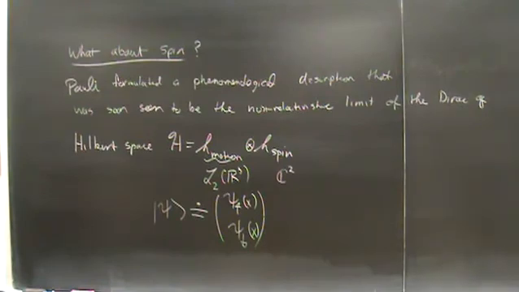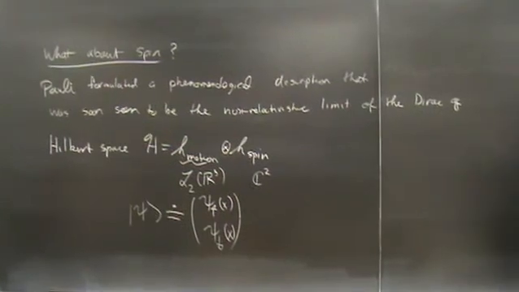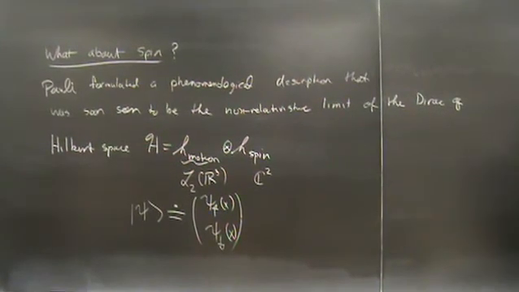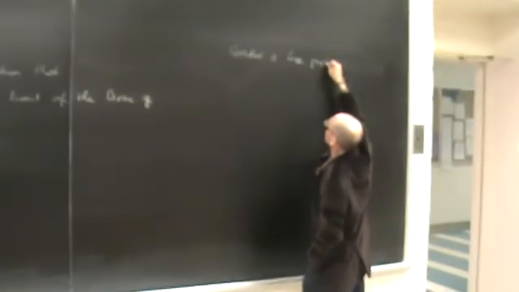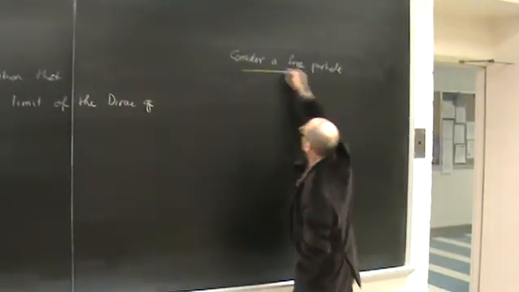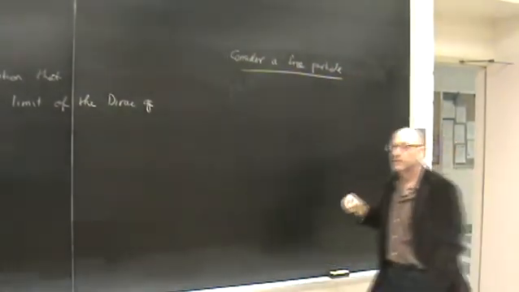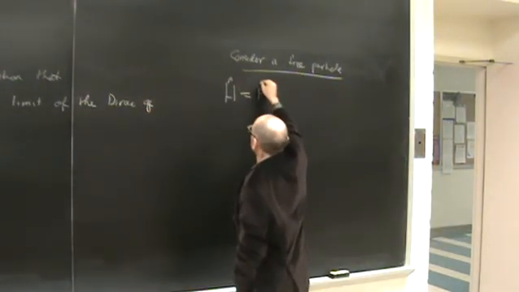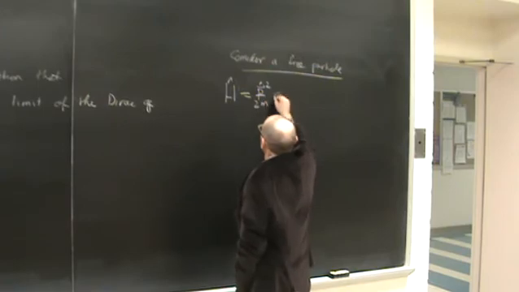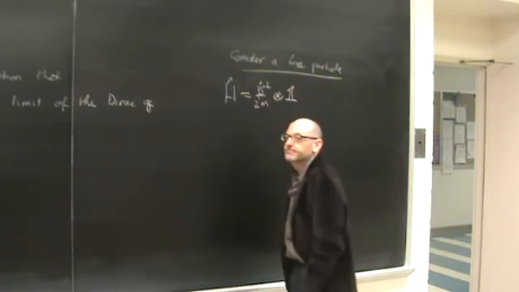Okay, so now what Pauli did is consider the following thing. Consider a free particle. The Hamiltonian for this system is this.